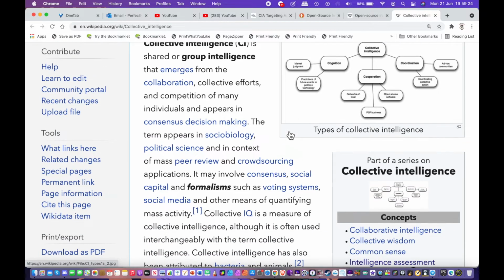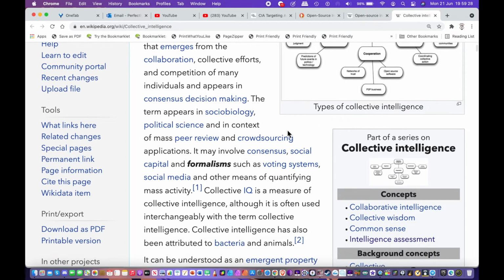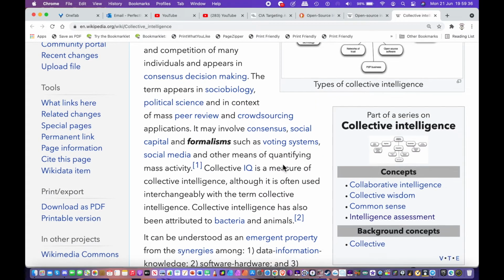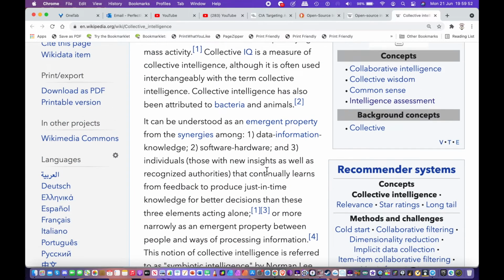The term appears in sociobiology, political science, and in context of mass peer review and crowdsourcing applications. It may involve consensus, social capital, and formalism, such as voting systems, social media, and other means of quantifying mass activity. Oh, so it's like voting stuff. Okay.